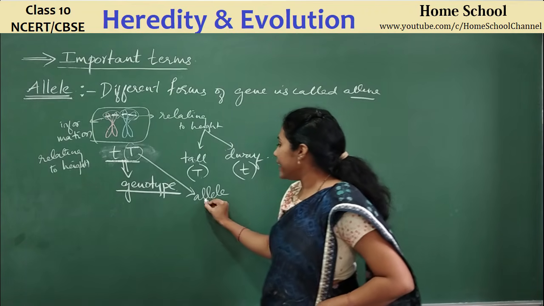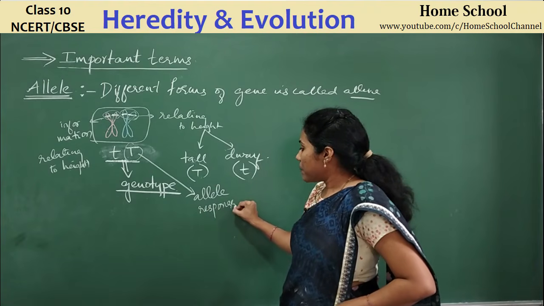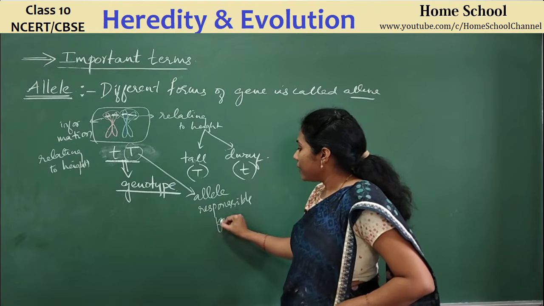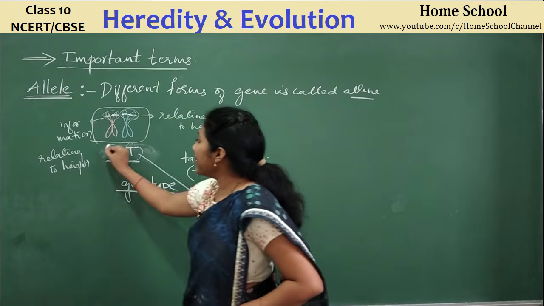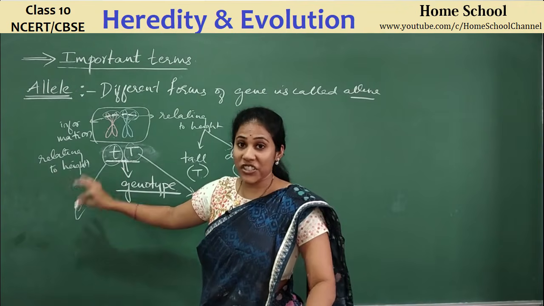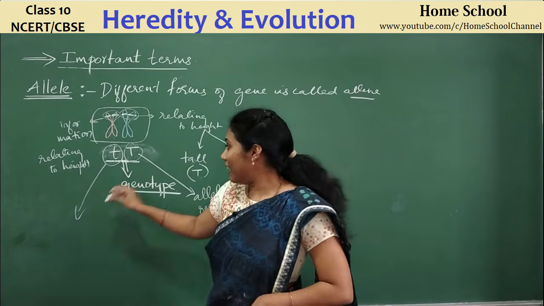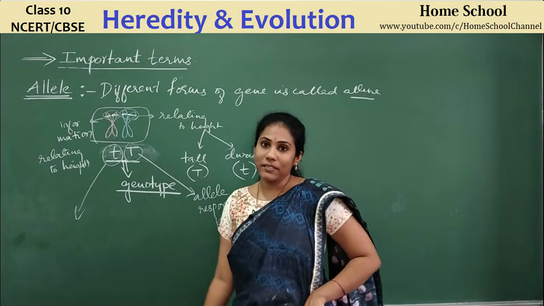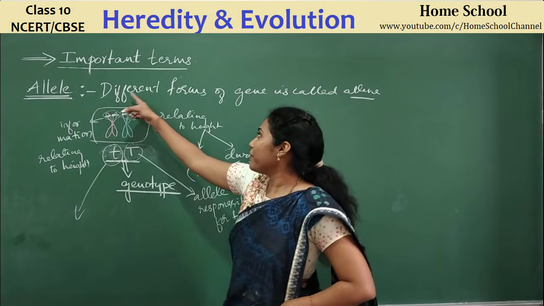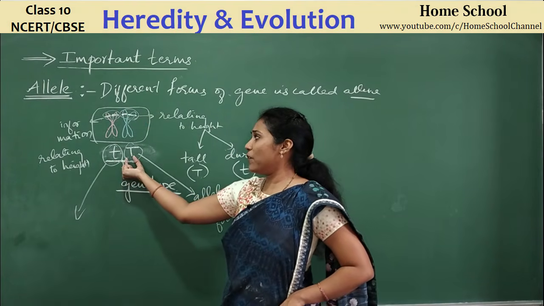This capital T is an allele responsible for tallness, and this small t is the gene responsible for shortness, dwarfness. Clear? Each of these is called an allele. See the definition: different forms of a gene.